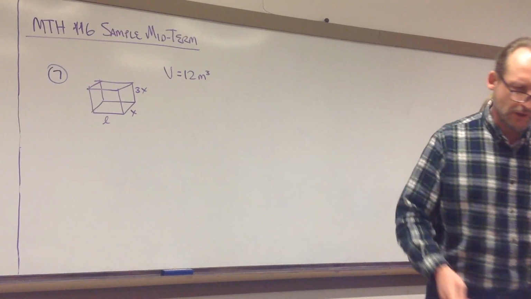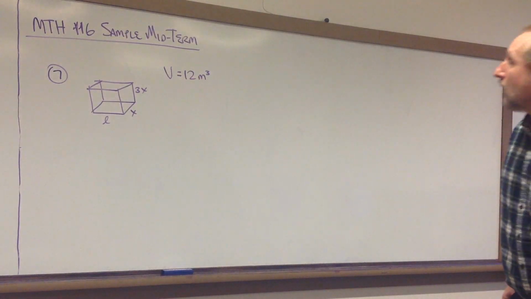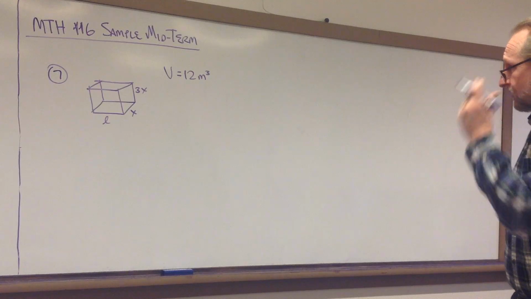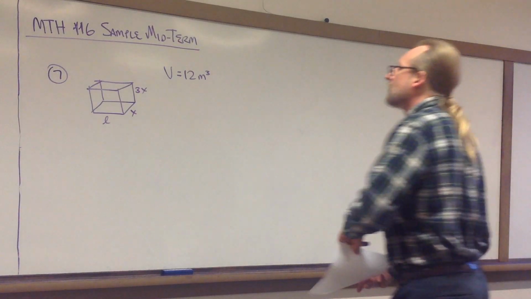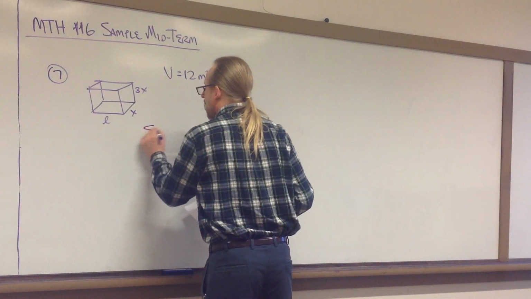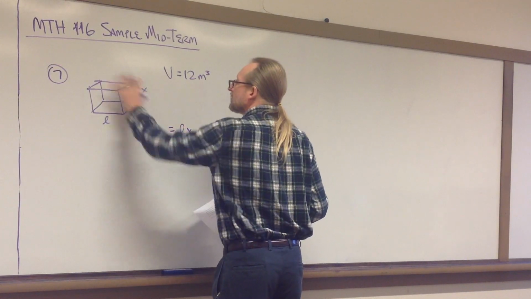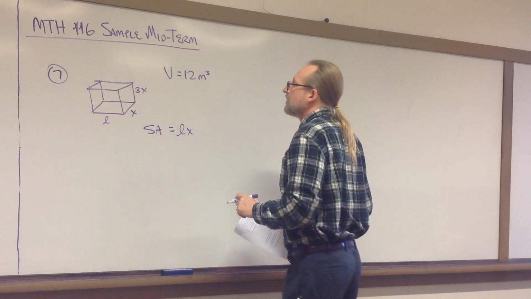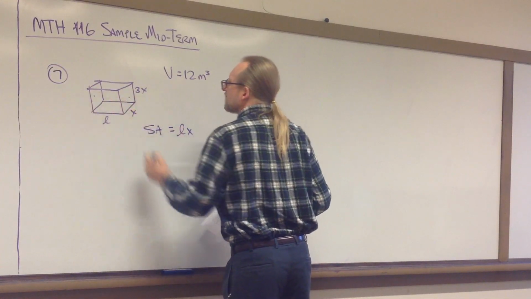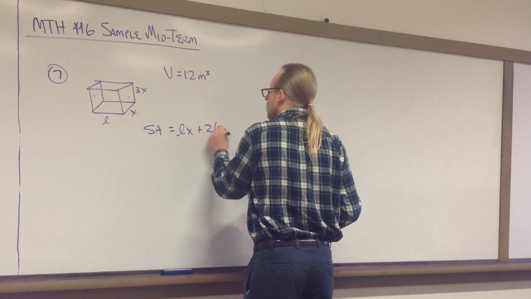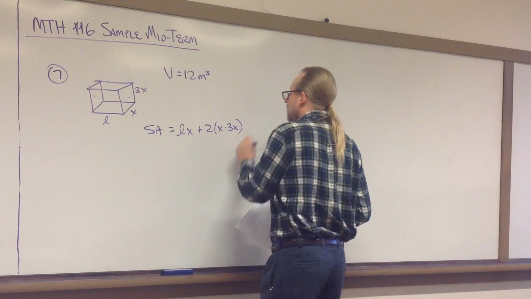Okay, let's see here. So, first off, we need to know about the surface area here. So the base is going to be L times x, right? There's no top. We don't have to worry about that. You've got a side here and a side here, so 2 of those are x by 3x.